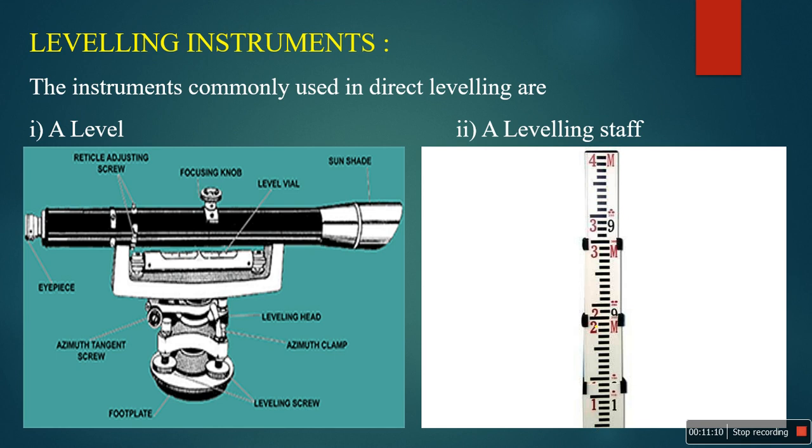This is the maximum length you can erect from here, so up to that you can measure 4 meter length. In general the leveling staff is available in 3 meter as well as 4 meter length. This is about the instruments used in leveling.